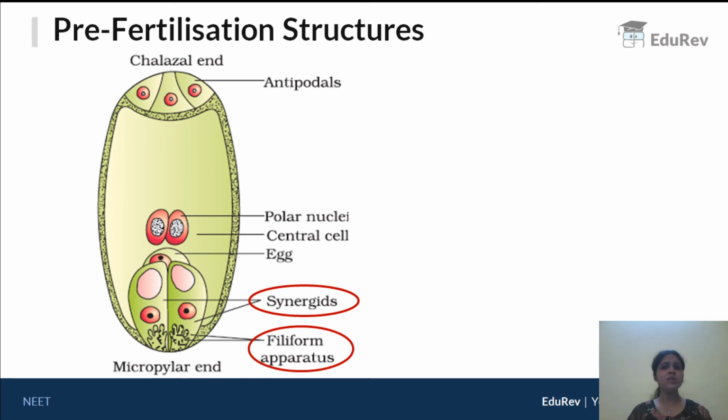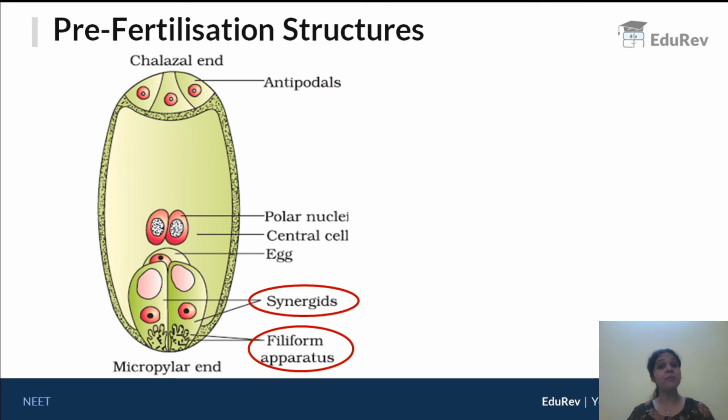But the question is, how does the pollen tube find its way towards the egg cell? This filiform apparatus, either one of them, either synergid, not both, will allow the pollen tube to enter and will guide the pollen tube towards the egg cell using those finger-like projections. And as it's guiding, you will find that the filiform apparatus and the synergid will begin to degenerate.